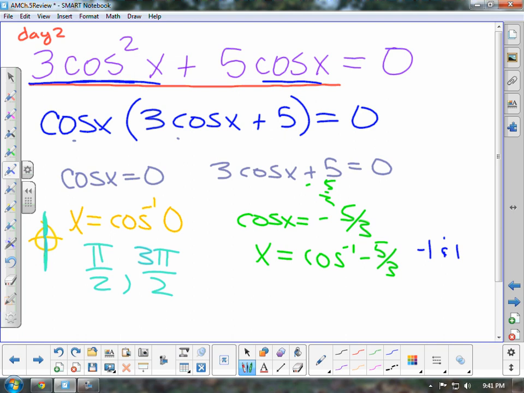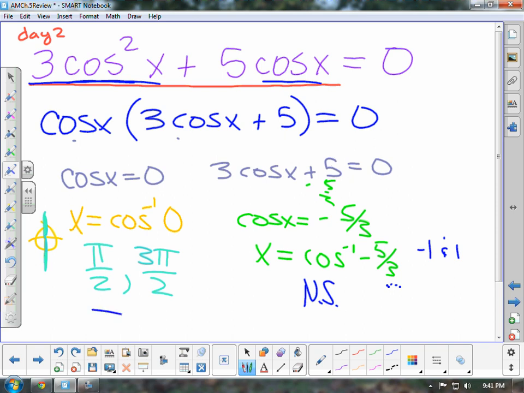And negative 5/3 is not between those two values, so therefore there is no solution for this one because that value is outside the domain of what inverse cosine can have. So there aren't any angles that would fit that. If you try to put this into your calculator, it's going to give you an error message that tells you that it's not possible.